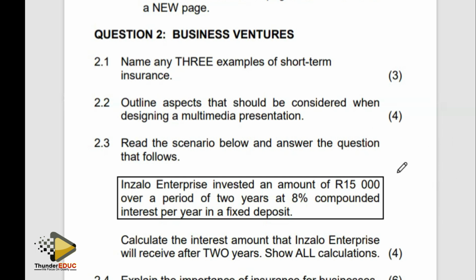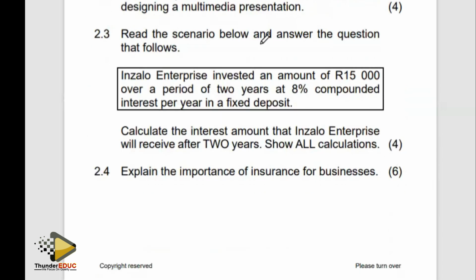Okay, right. So now let's move on to 2.3. Read the scenario below and answer the questions that follow. Insal Enterprises invested an amount of 15,000 over a period of 2 years at 80% compound interest per year in a fixed deposit. Okay, right. So now in this regard, we are going to calculate the interest amount that the enterprise will receive after 2 years. So now show all your calculations.